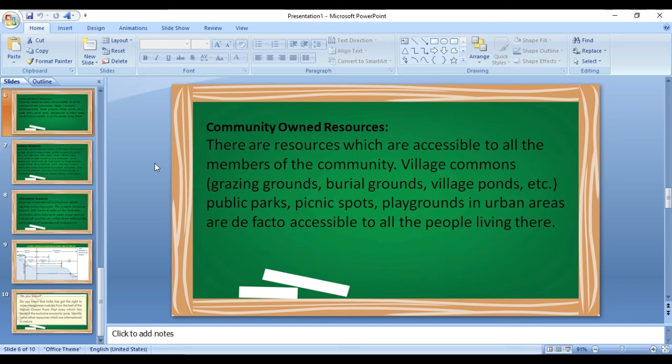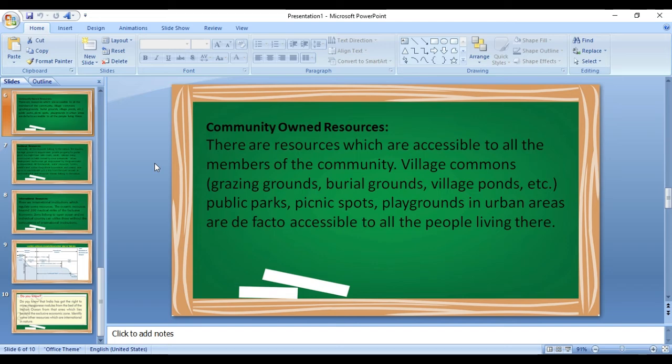Because it's government land, and government land by default is a public one, especially the parks and this kind of area, the picnic spots and all, right? Not every land, but the one which is open to the public by the government. So we can make use of it. Not only that, even in a rural area you will find some land given by the government for a grazing ground, a burial ground, a village pond, a cremation ground, right?